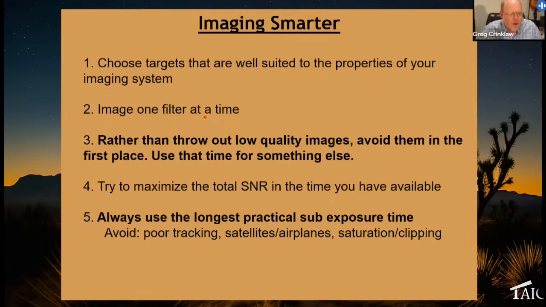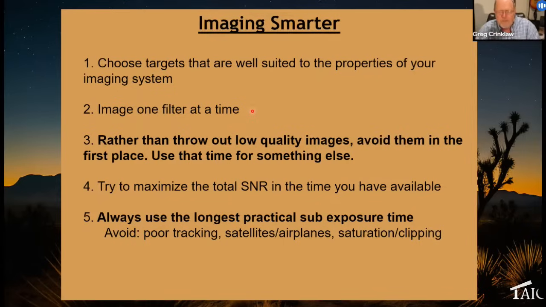The second thing all of us can do is it's better to image one filter at a time rather than in a round robin manner, rather than going luminance, green, red, blue, luminance, green, red, blue, or something like that. As we saw earlier, there are parts of the night where the luminance is going to be able to get a good quality image, but the blue filter's not.